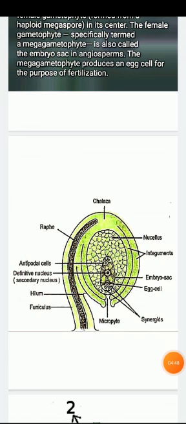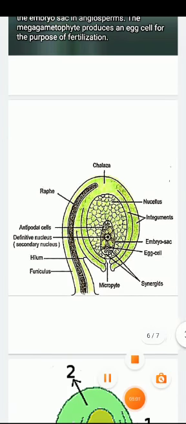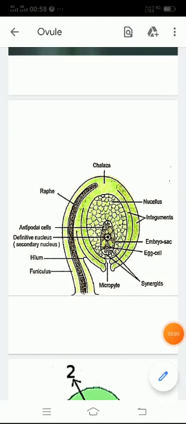Now, with this example, we can easily understand the structure of ovule. Now we are going to start the structure of ovule from inside out. First, we will discuss the center portion of ovule, that is the embryo sac.